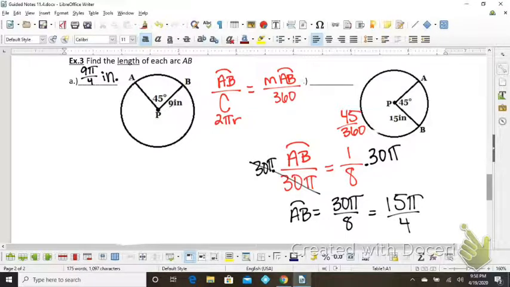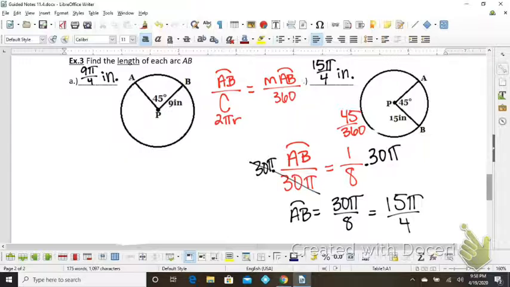And again, I'm fine with you having an exact answer. 15 pi over 4. We should have our units inches. Now, again, when we do a Google form on this, I might not have you put in units just because then it gets picky about how you type in your answer.